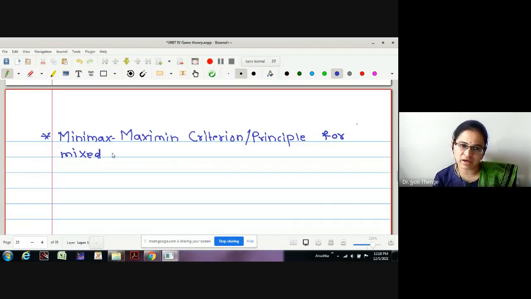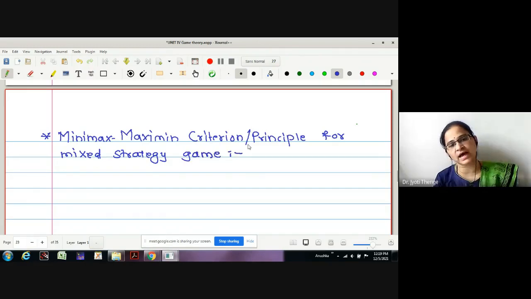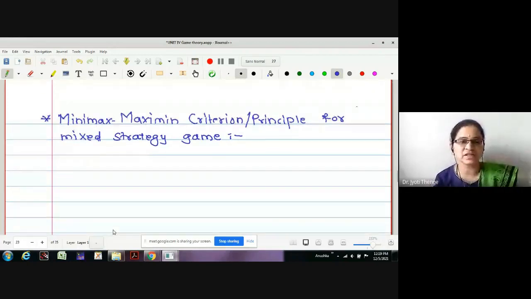Understood now why the game is called a mixed strategy game? Yes, ma'am. Because here there will not exist a saddle point, and if one activity played by the player does not give us the optimal strategy, the player A has to play the activities with some probability, that is, all the activities he has to follow simultaneously with some different probabilities.